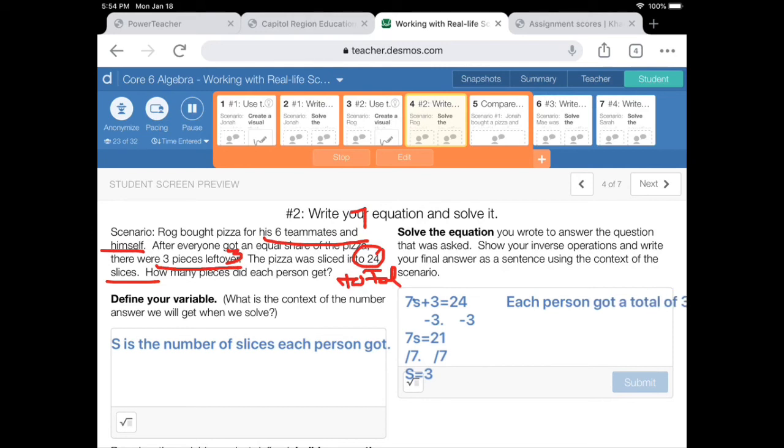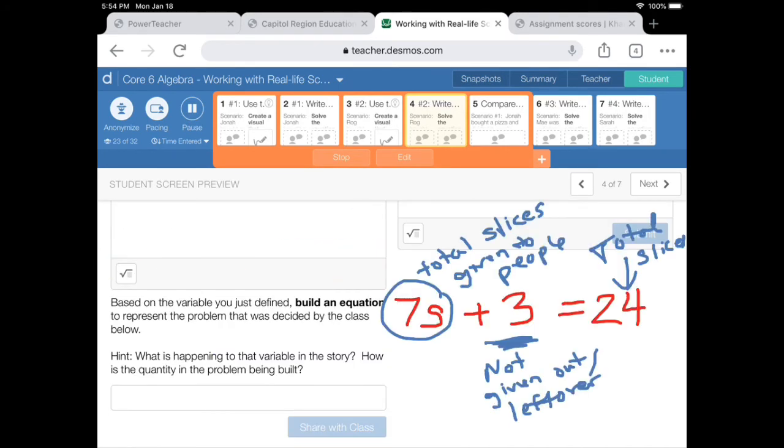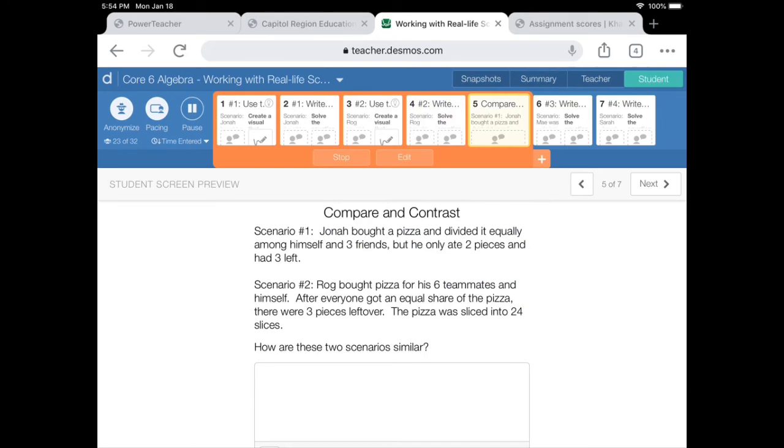So quickly, if we're comparing and contrasting these two scenarios, how are they similar? Well, one's very obvious. They are both about pizza and with multiple people. Both of the problems are about pizza.